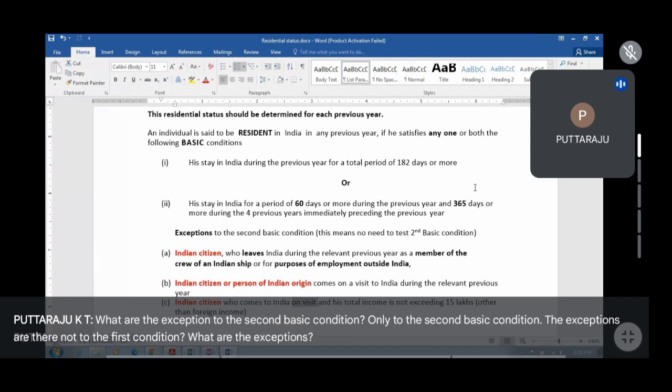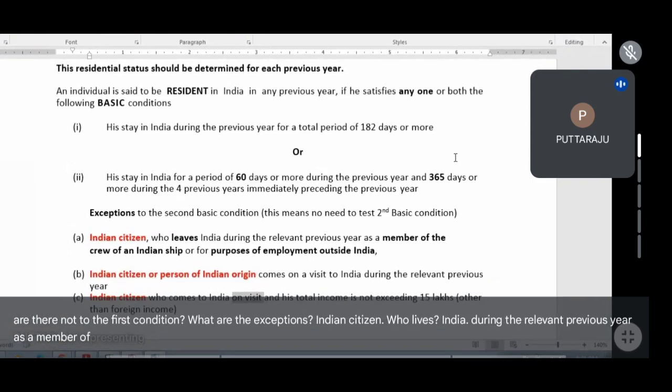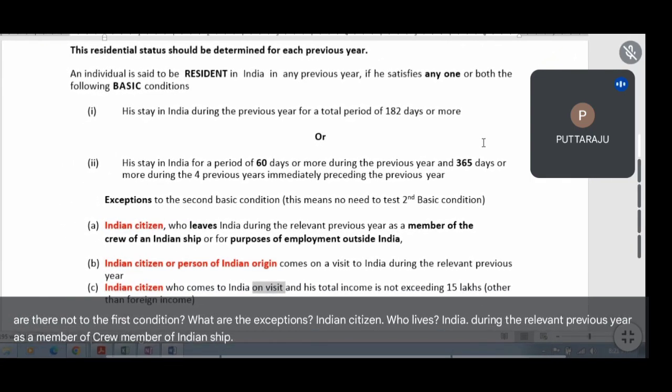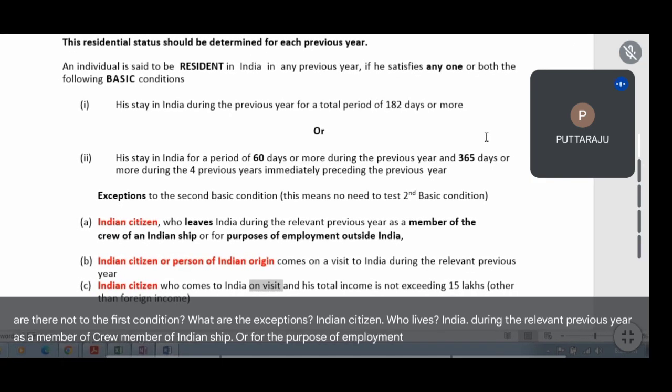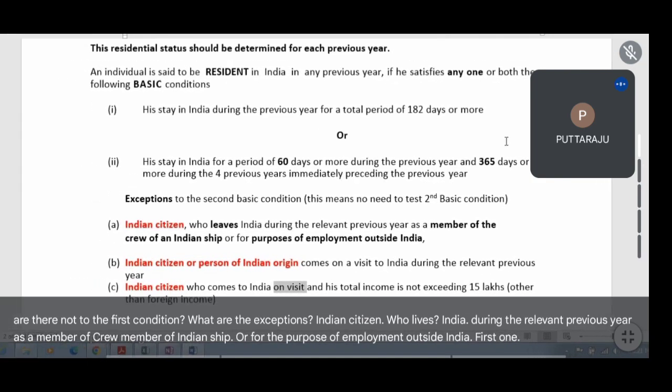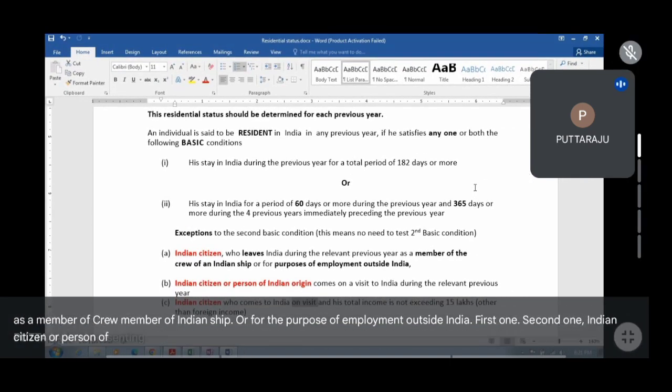First one: Indian citizen who leaves India during the relevant previous year as a crew member of an Indian ship or for the purpose of employment outside India. Second one: Indian citizen or person of Indian origin comes on a visit to India during the relevant previous year.